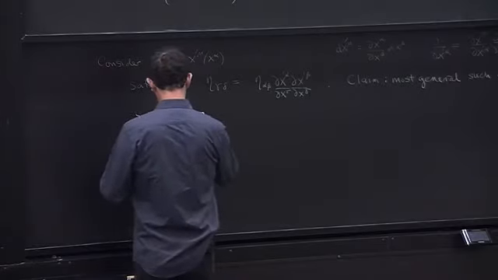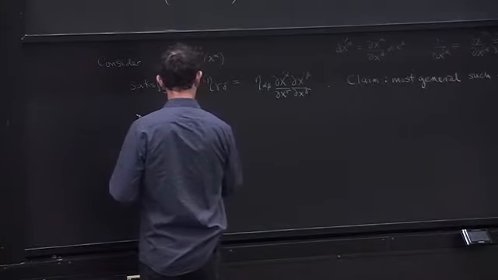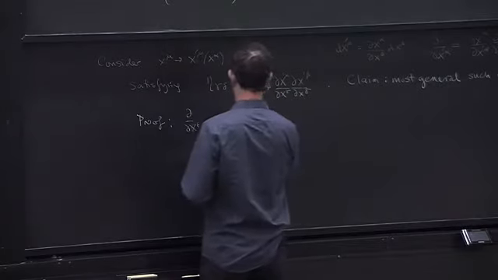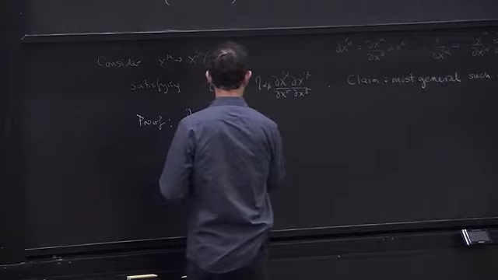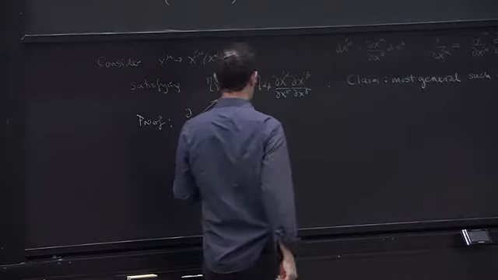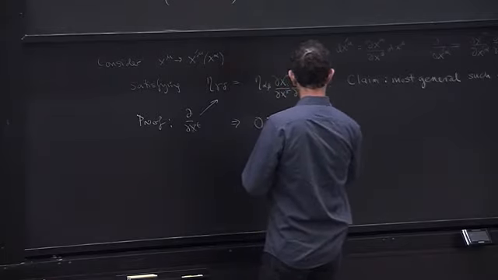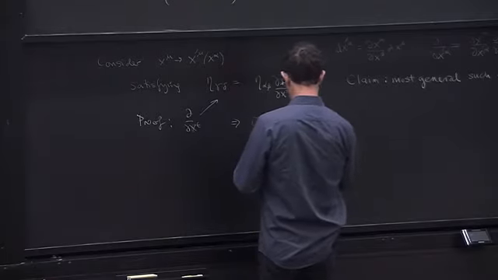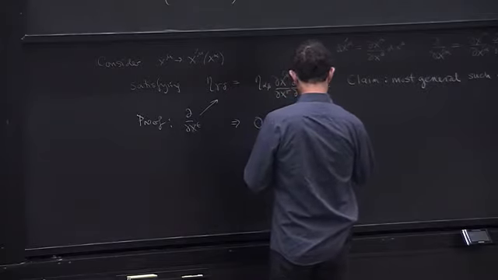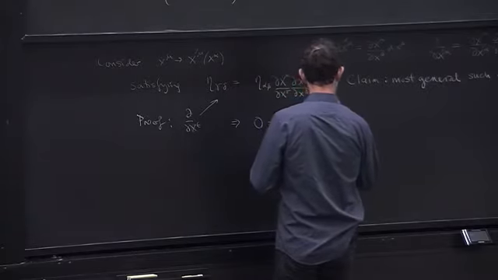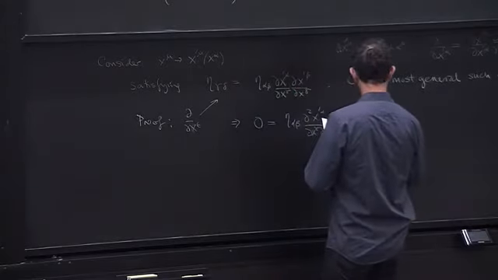So differentiate this. So d by dx epsilon of this equation, and it gives us 0 equals eta alpha beta d2 x prime alpha dx gamma dx epsilon dx prime beta dx delta plus eta alpha beta.